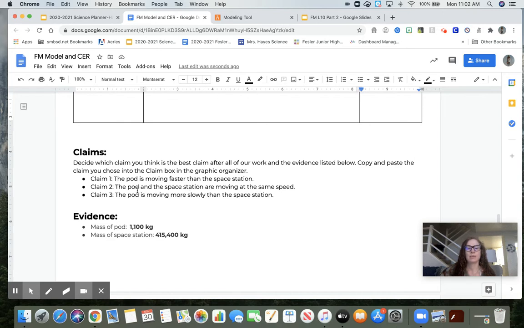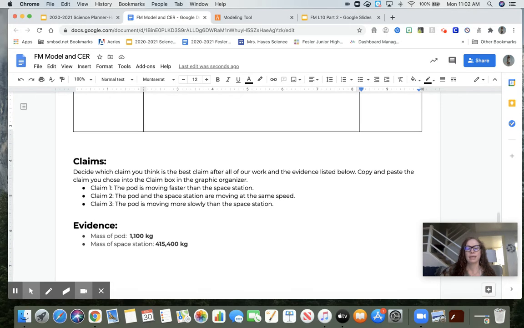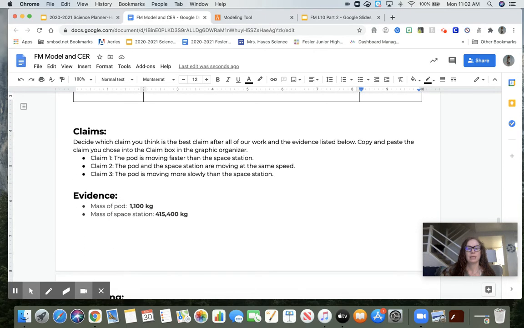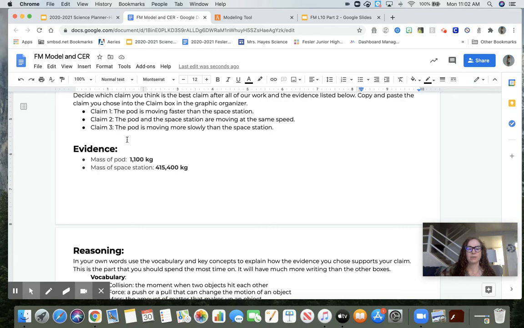Or claim 3, the pod is moving more slowly than the space station. And our evidence here is that the mass of the pod is 1,100 kilograms and the mass of the space station is 400 kilograms. Okay, so obviously the pod is much smaller, much lighter than the space station. That should help you give your claim.